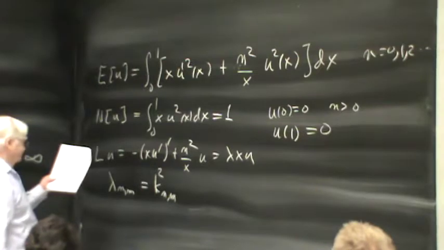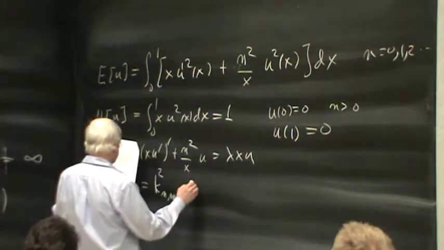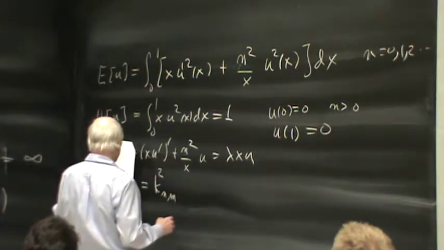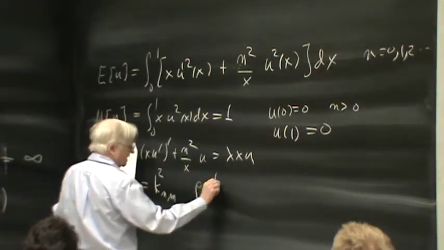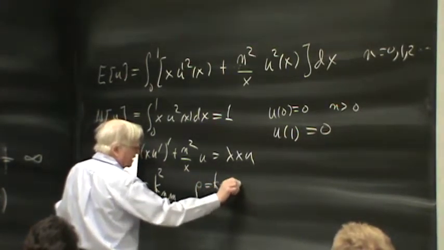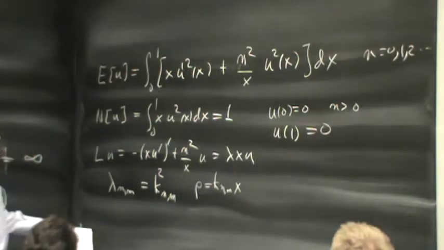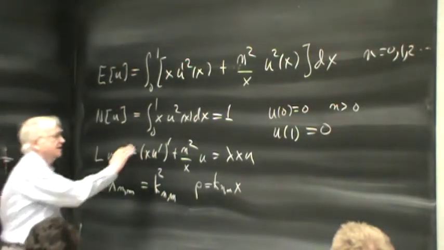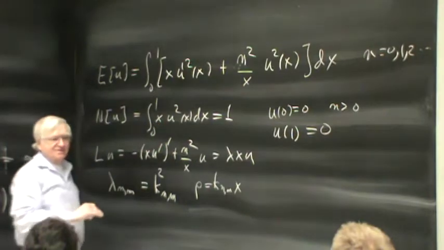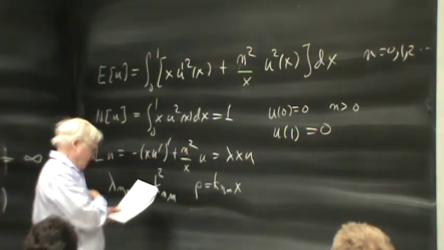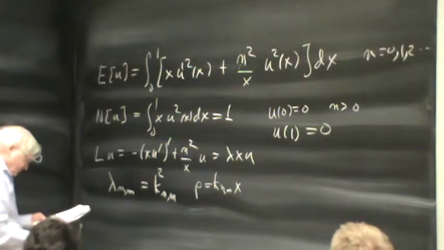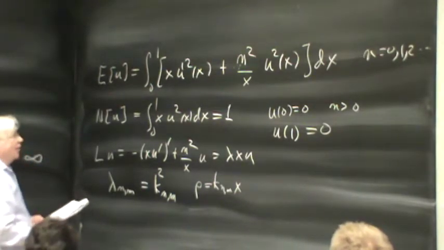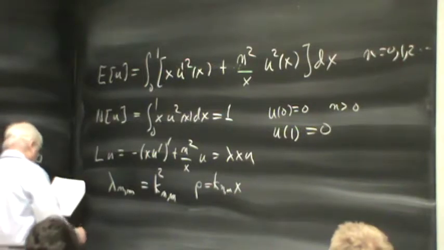And if we change variables, oh, this is terrible notation, because I'm changing variables to rho equal to k_nm x. So this rho is not the weight function. I should really not do that. I should use a different symbol. Anyway, what one then gets is the following differential equation.